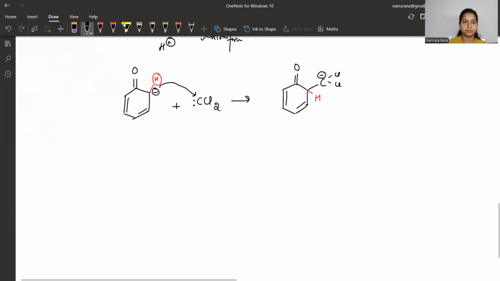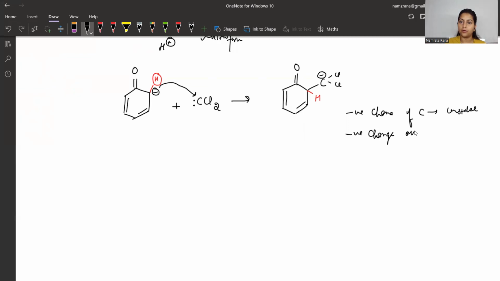So, negative charge on carbon is unstable. Everybody knows that negative charge on carbon is unstable, right? Why? Because of the electronegativity of carbon. But negative charge on oxygen is somehow stable because of the higher electronegativity of oxygen.